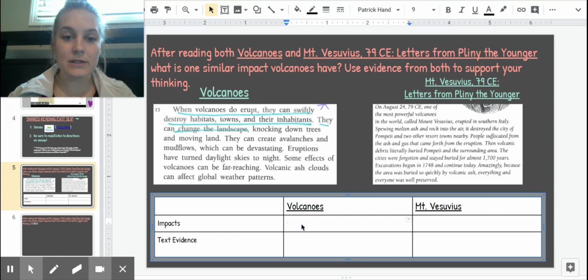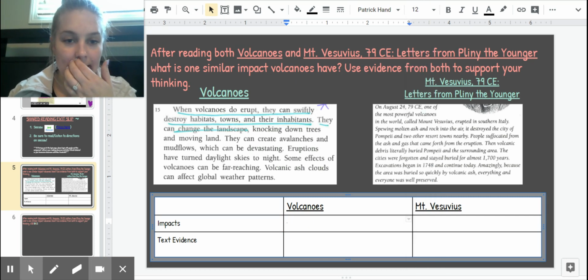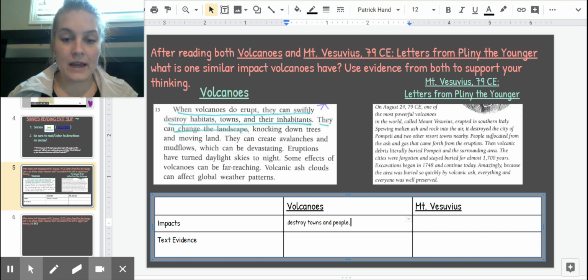That sentence that is annotated, it could impact. I'm going to make this just a little bit bigger so we can see it. Volcanoes can impact, it can destroy towns. Once again, I'm looking at that first sentence. Towns and people, really. And we see here that it really can reshape even the earth.